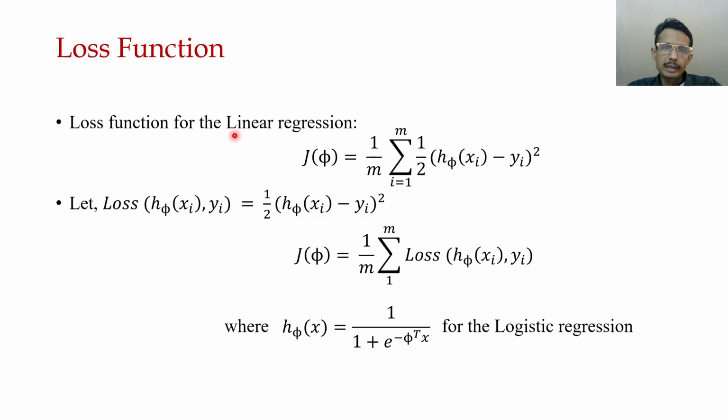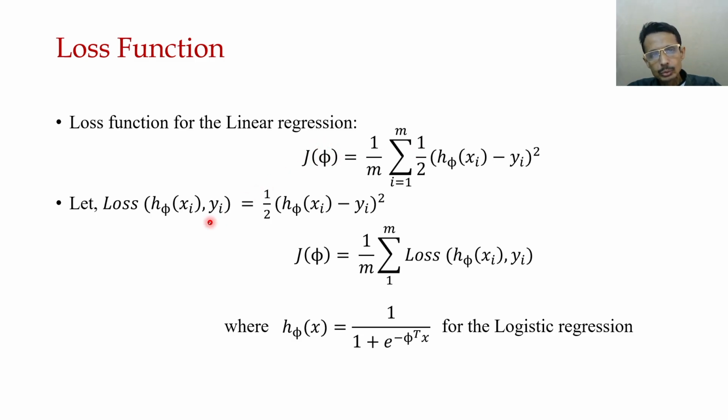The loss function of linear regression is J of phi equal to 1 by m, summed over i from 1 to m, of half times h phi of xi minus yi, squared. So it's basically the squared error, summed over 1 to m, where m is the number of samples, and averaged out with the factor 1 by 2. That is the univariate loss function.